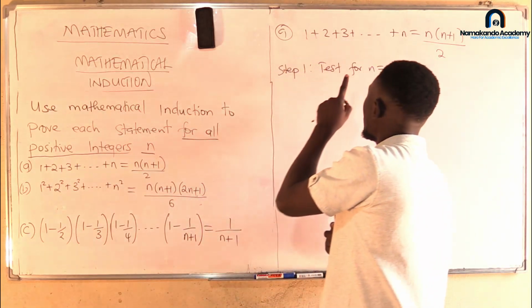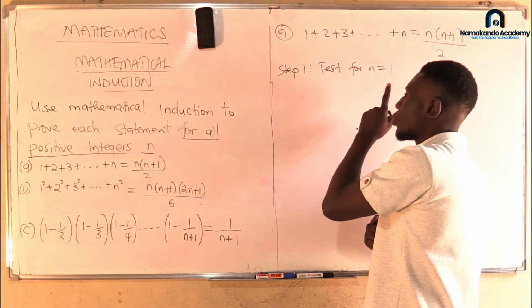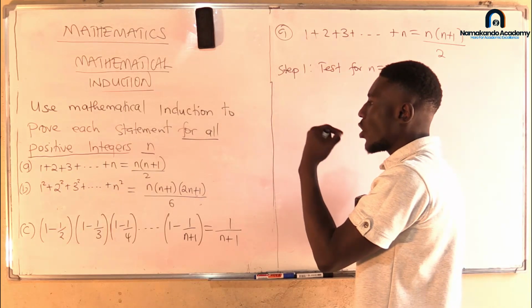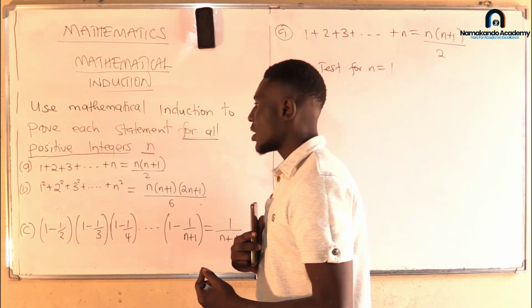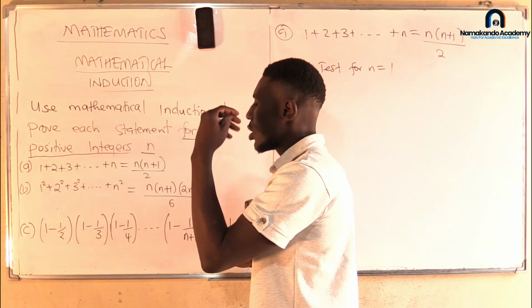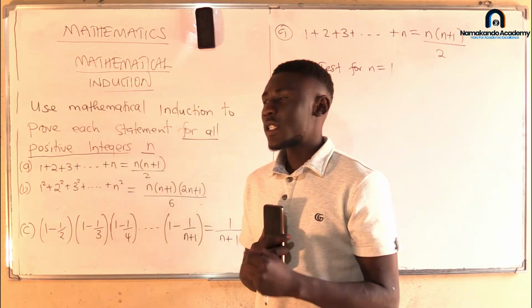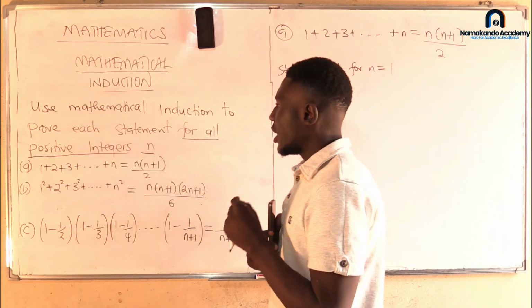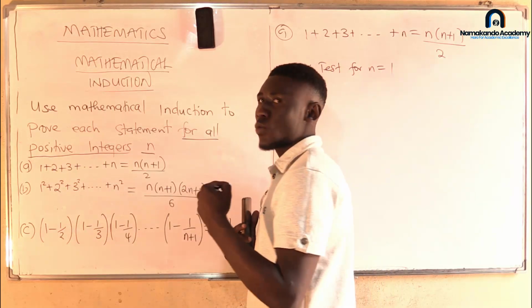If we're testing for n equals 1, upon substituting 1 wherever there's n, both on the left and the right, the result should be the same. And if the results are the same, it means that case 1 holds.